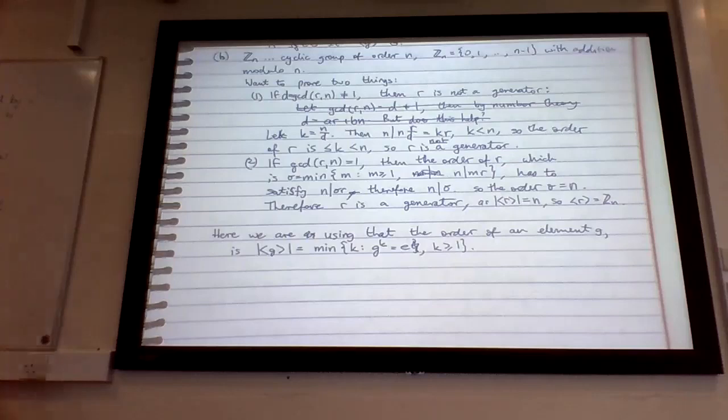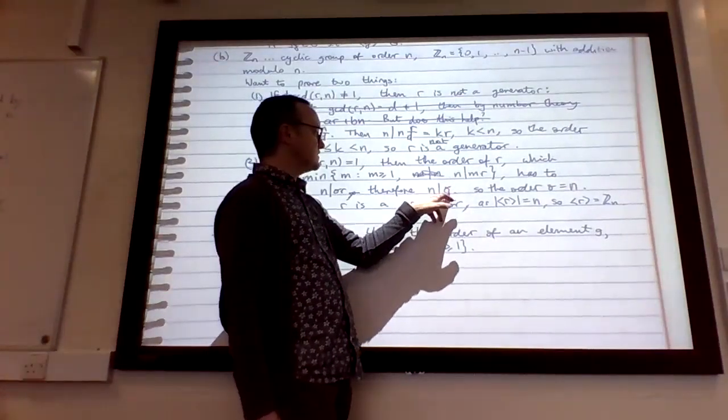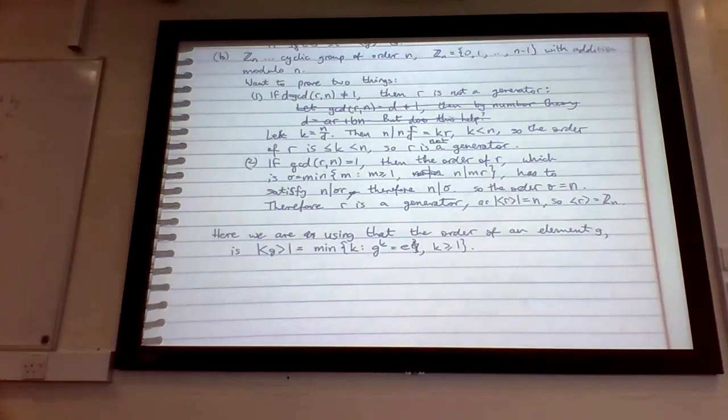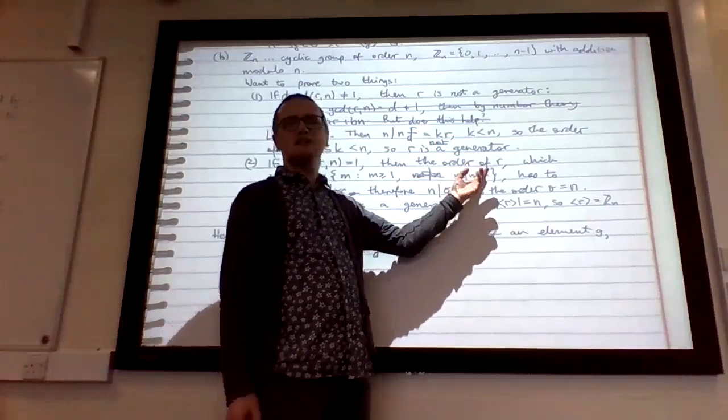So if n divides the order, you then claim the order is equal to n. Probably you need to make the point that, of course, n divides n times r.